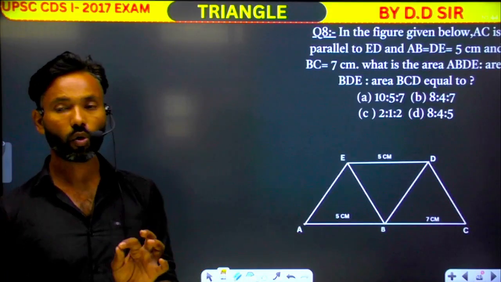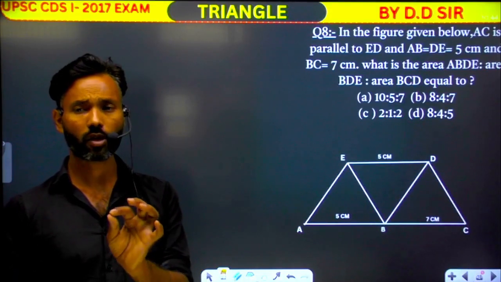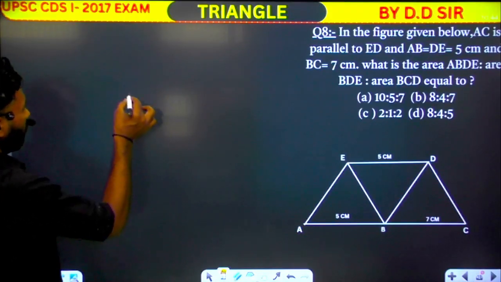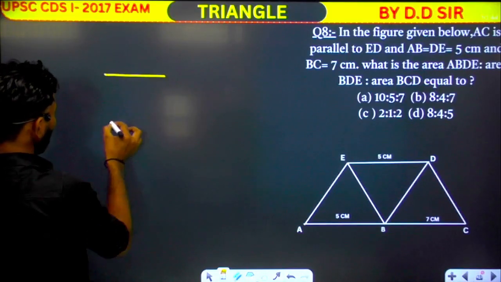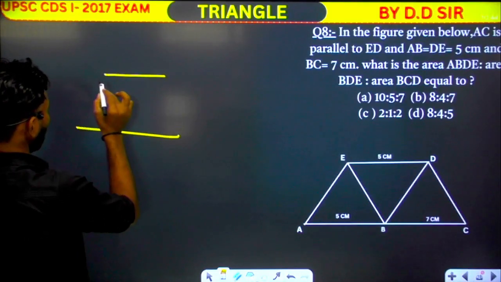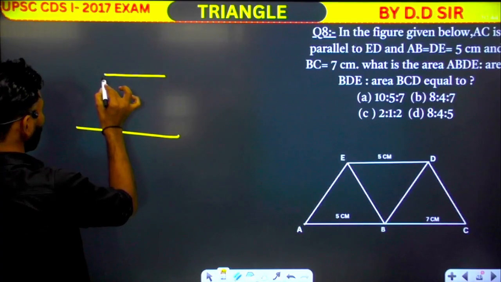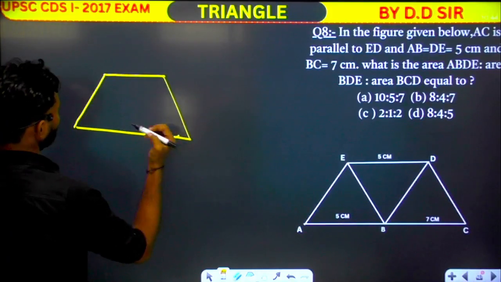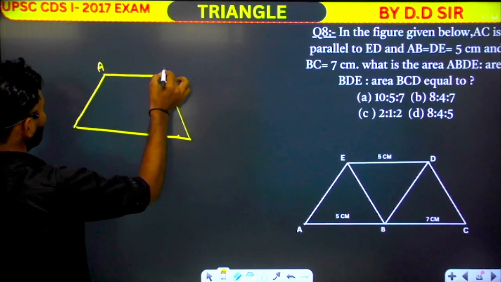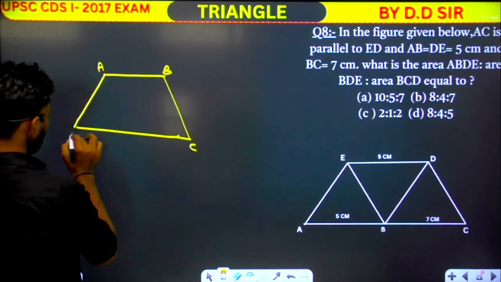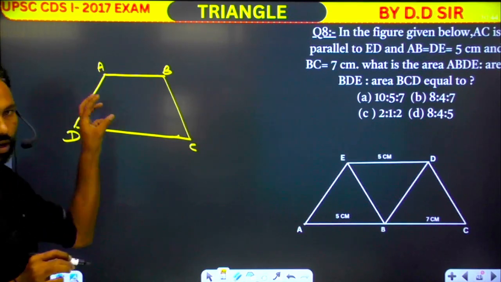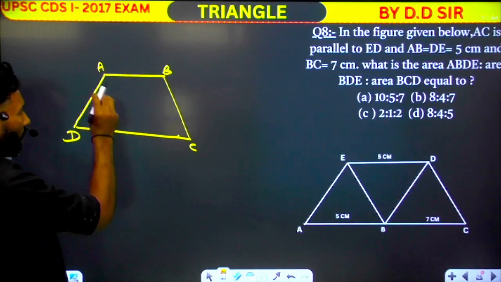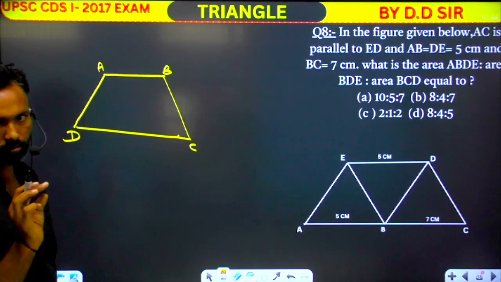We have to know a very small property over here. The property says that these two lines are parallel. And I'm going to form a quadrilateral here, and I'm naming it ABCD. So in this particular quadrilateral, what do you see? Two opposite sides are parallel and the other two are non-parallel.